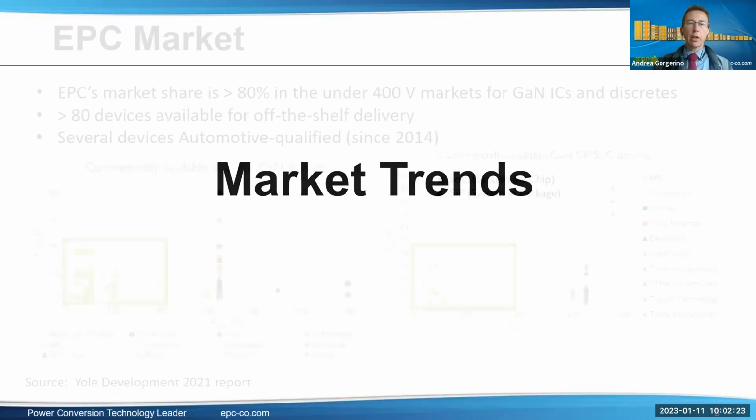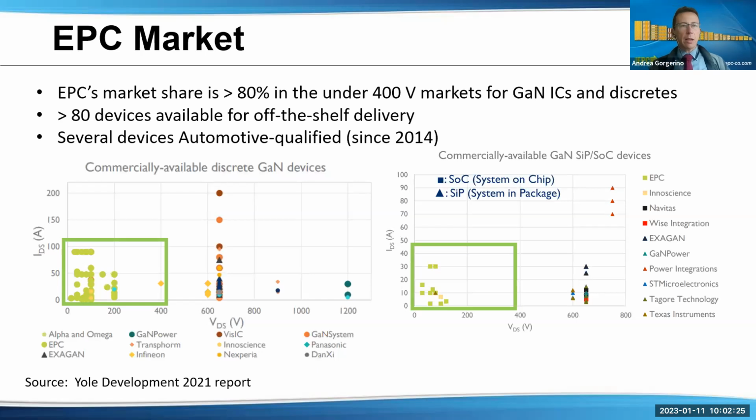First, the market trends, to give you a little bit of background on EPC. EPC is a leader in GaN semiconductors. We have a market share of over 80% in our market, which is basically under 400 volt devices for IC and discretes. You can see here the two charts: on the left-hand side is the discrete current ratings versus voltage classes, and on the right-hand side is the same for IC.